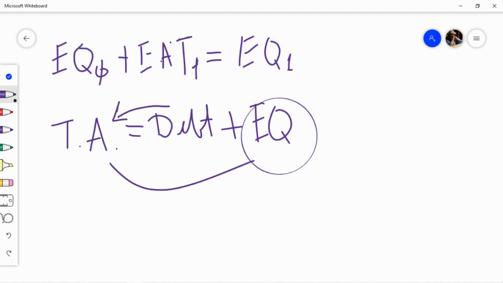Now think about it. My question was, what determines the size of the firm? And Anna said equity, but I said equity is only part of the total assets. Then what determines the size of the firm? The total assets?